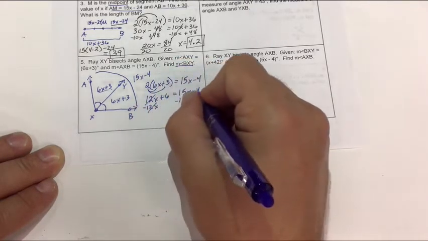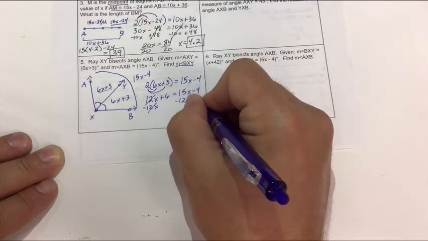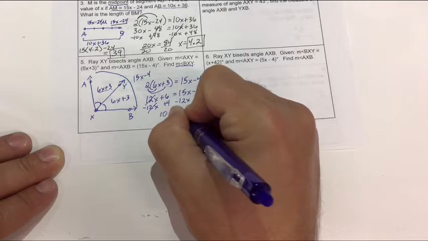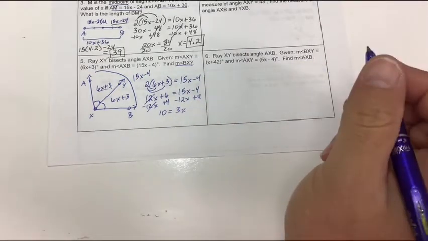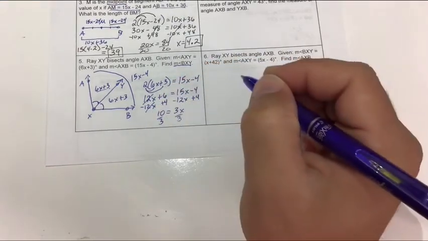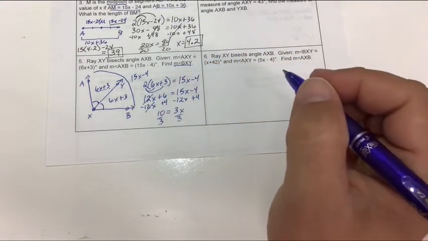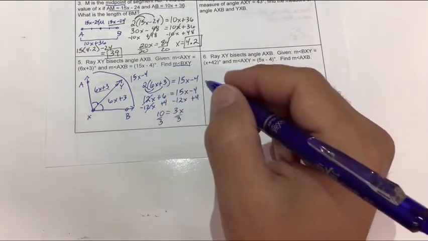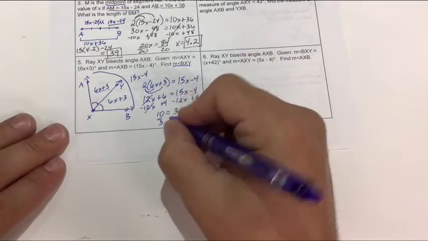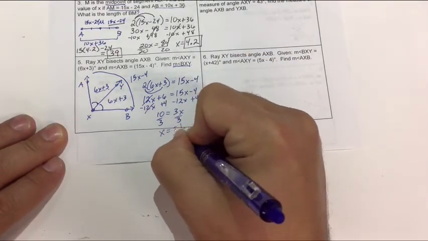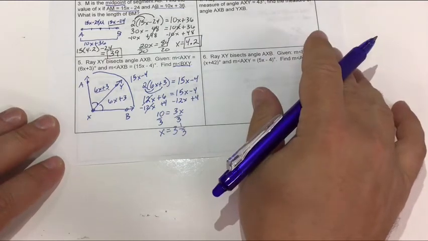Since I moved the 12x here, that'll leave a minus 4 to get rid of over here, so I'll add 4 to both sides. Okay? And this doesn't work out nice and pretty because when I divide by 3, we get 3.3 repeating, or 3 1/3, which is fine, 3 1/3.